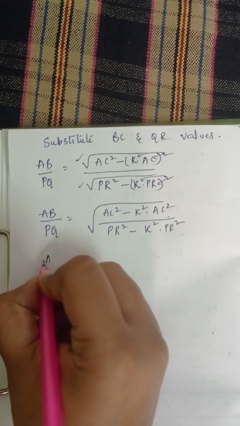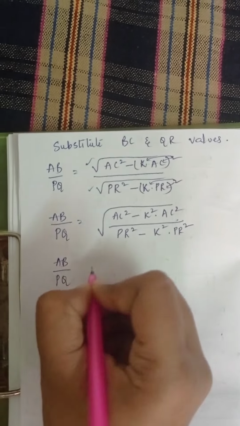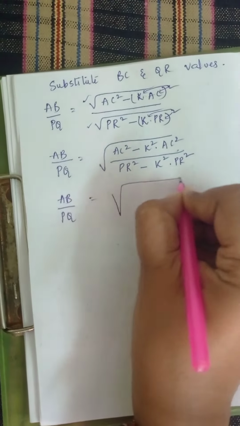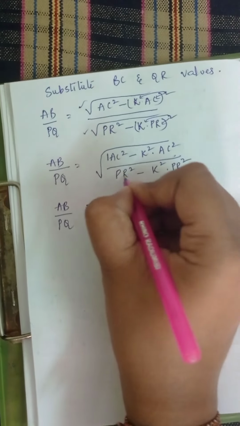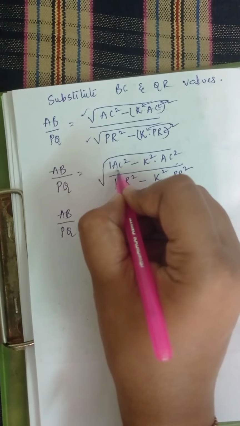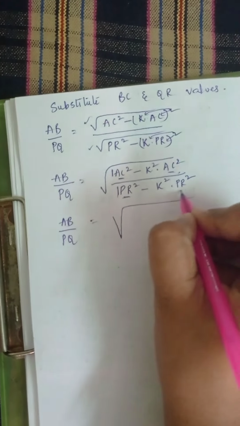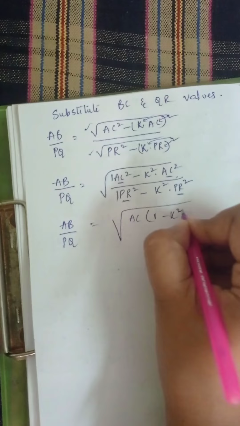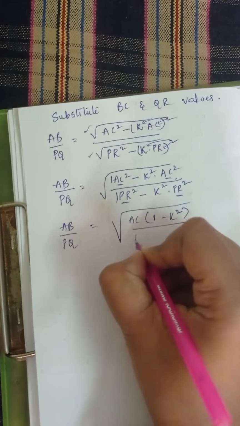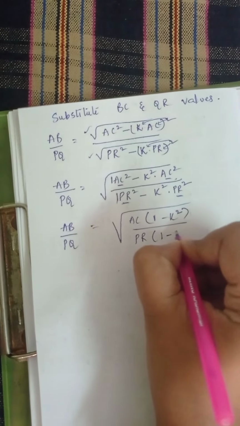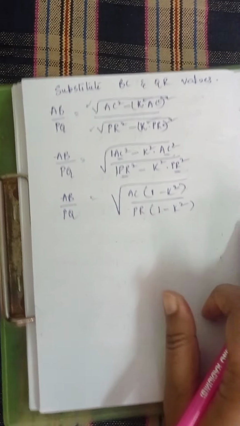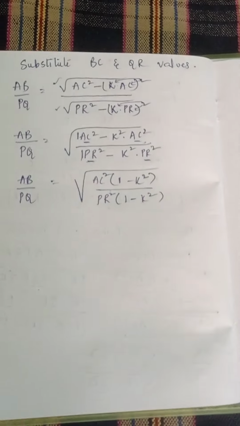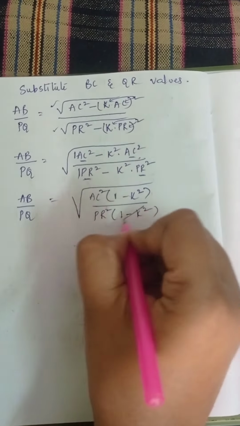Now AB by PQ is equal to root of, take AC square as a common term, AC square into 1 minus K square by PR square into 1 minus K square, right? So 1 minus K square gets cancelled.